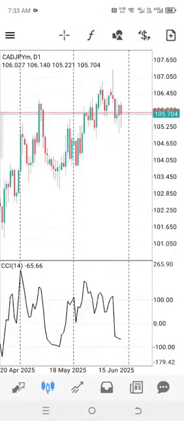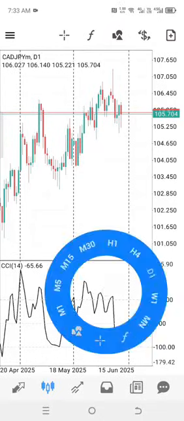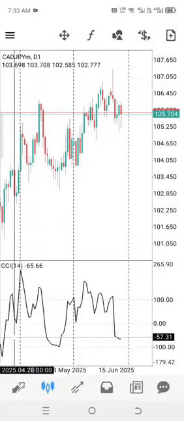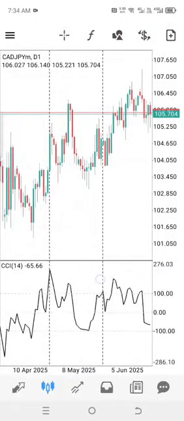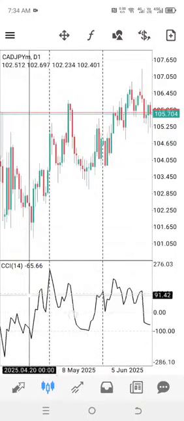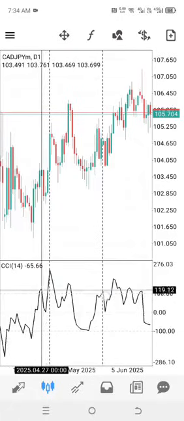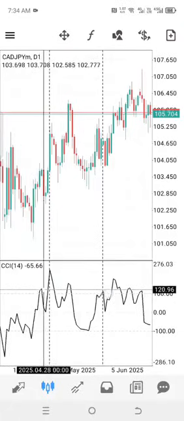Now we're currently on the JPY chart and I want to look out for a buy signal. Remember what I said, that for us to get a buy signal, the CCI needs to move from below minus 100 up to above plus 100.